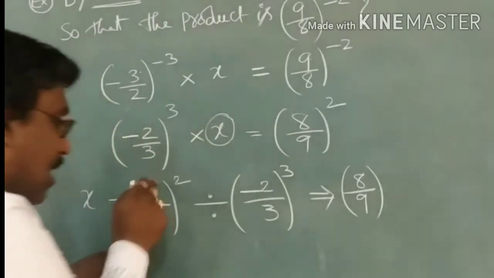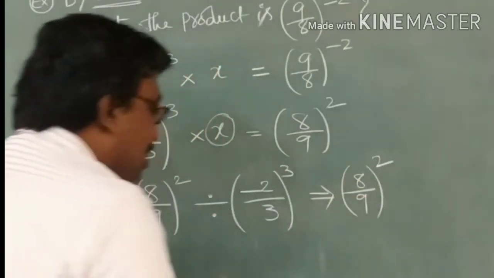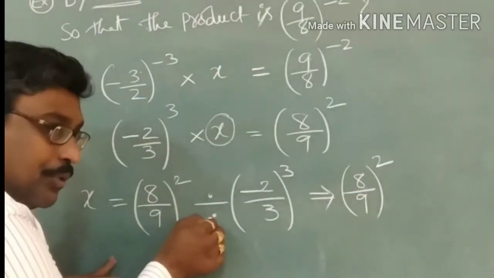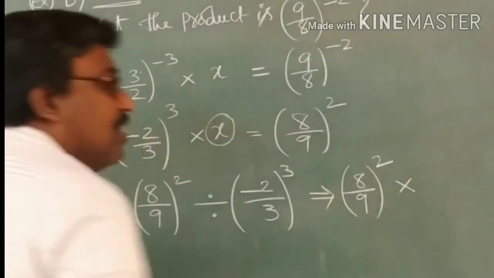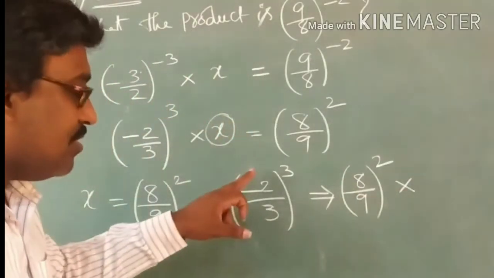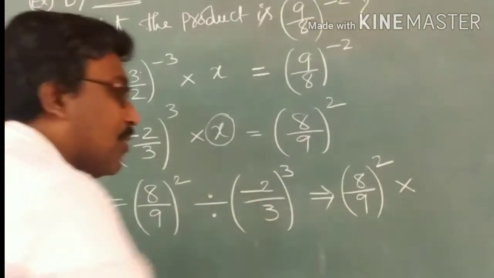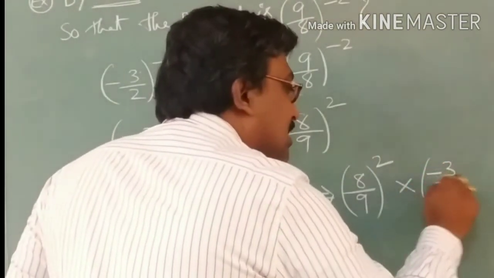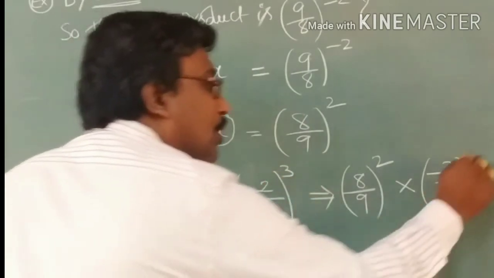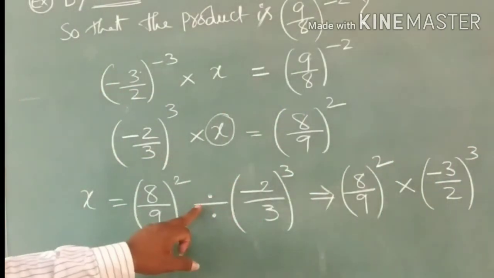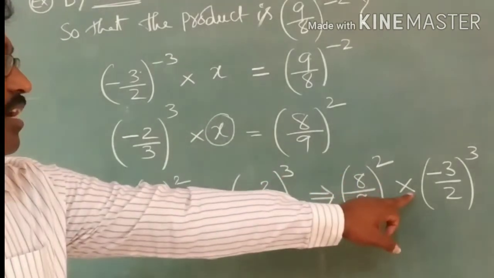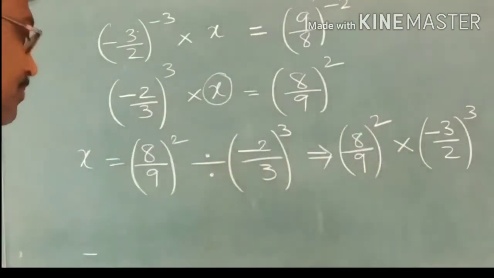Okay? 8 by 9 whole square. I am converting this division symbol into multiplication. Then what will happen? This is a reciprocal. Good. Minus 3 by 2 whole cube. The fraction will be reciprocal when the division symbol is converted into multiplication.